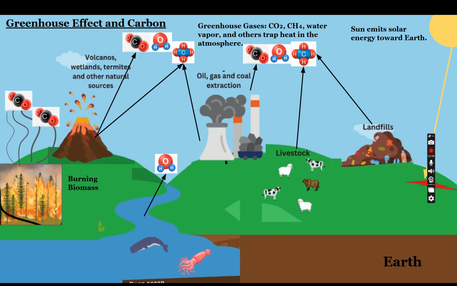So I'm going to draw a sun, and I'm going to draw in a sun ray, and that's going to be sun rays hitting our planet, and that's going to warm it up. And I drew a little energy bolt. I wanted to show some heat, so I'm going to show that as heat there. So it is warming up our planet in the form of heat.